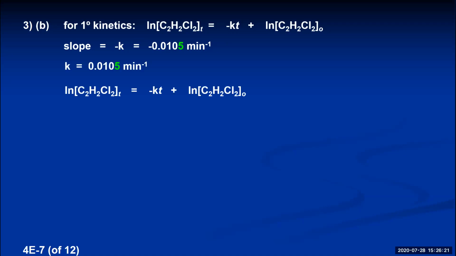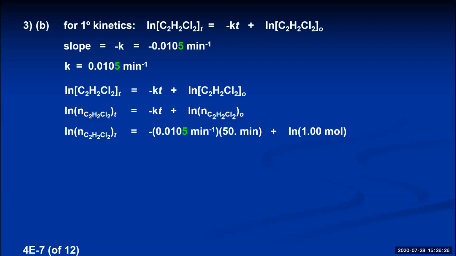So we know the constant. And in this equation, if we do this in terms of moles, then I'm going to put in my k value, 0.0105 minutes to the minus 1, the decay time of 50 minutes, and add to it the natural log of the number of moles of the C2H2Cl2 at time 0, which was 1 mole. And now we can just solve for the natural log of the concentration of the reactant at time t.